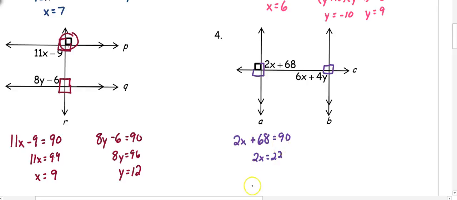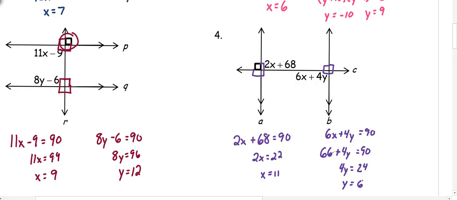When we divide, x equals 11. On the other part of our problem, we have 6x plus 4y equals 90. We already know that x is 11, so 6 times 11 is 66, plus 4y equals 90. We can subtract 66 from both sides, so 4y equals 24. We divide, we get y is 6.